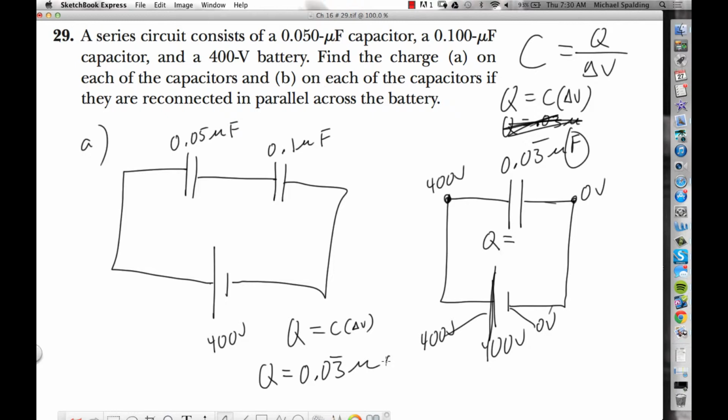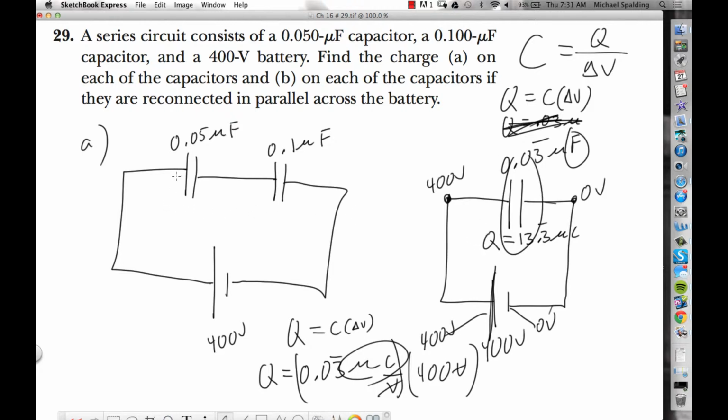A farad is a coulomb per volt, and we're multiplying that by 400 volts. So the volts cancel and it comes out in microcoulombs. It's nice. So this comes out as 13.3 repeating microcoulombs.